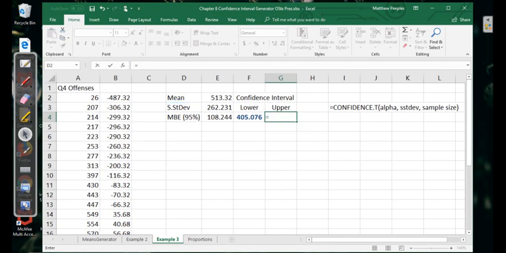E2, right? That's our mean plus our MBE of 108.244. There it is, 621.564. So our confidence interval is that the actual population mean based on our t-distribution is somewhere between $405 and $621.